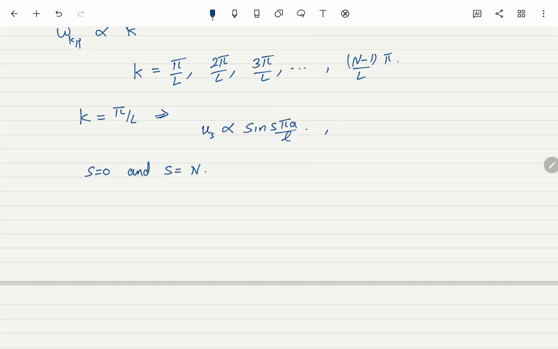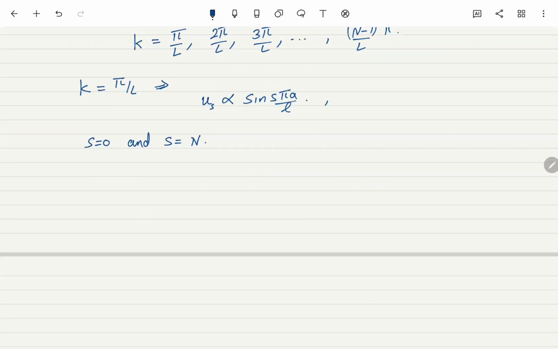Again, we have here N minus 1 allowed independent values of k. Remember, we have 3 polarizations p for each value of k.